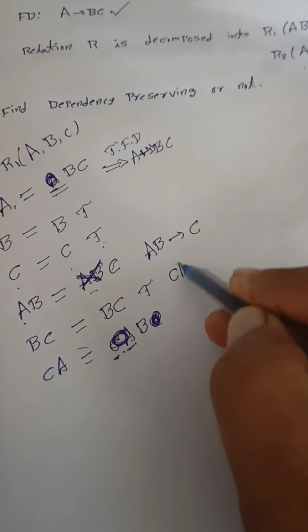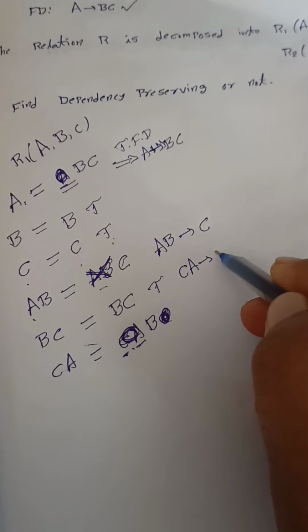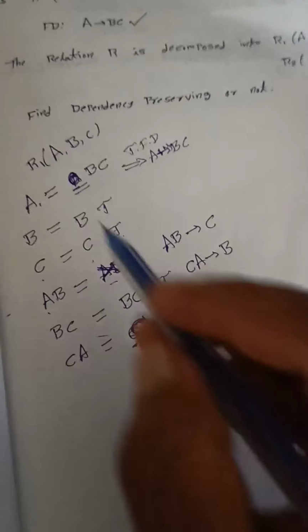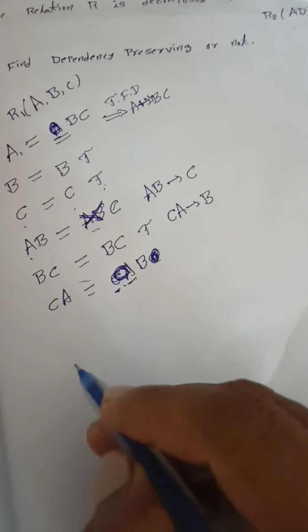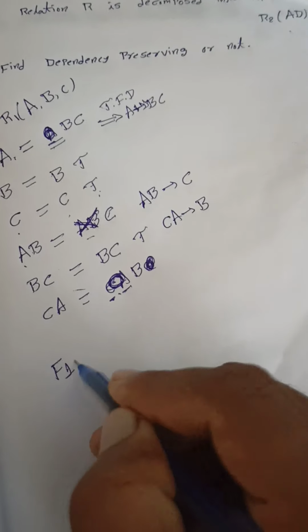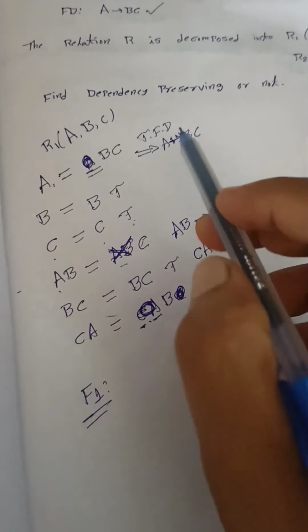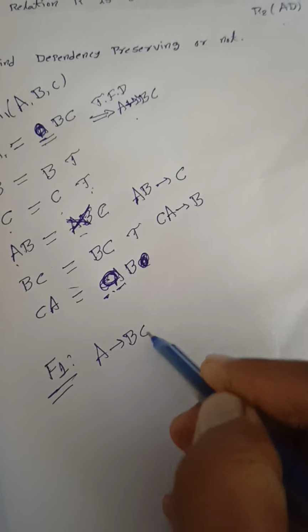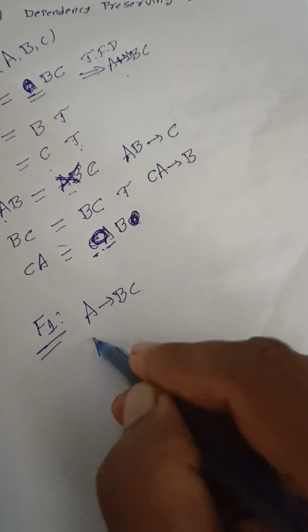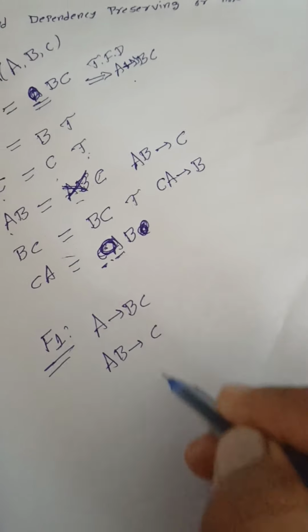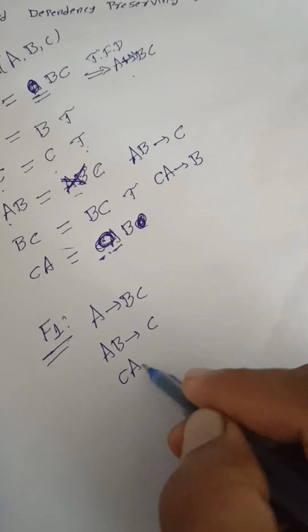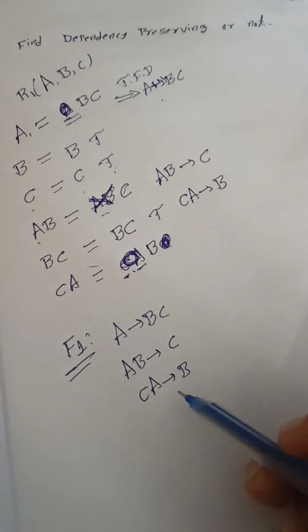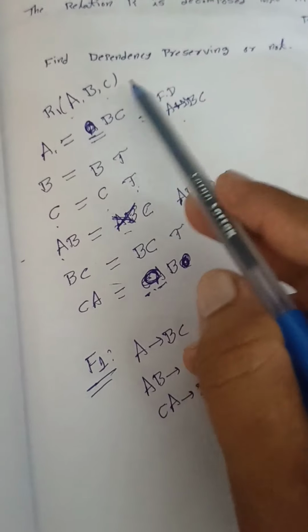So CA implies B. What are the functional dependencies for the R1 relation? We will call them F1. First A implies BC, next AB implies C, next CA implies B. These are the functional dependencies for the relation ABC.